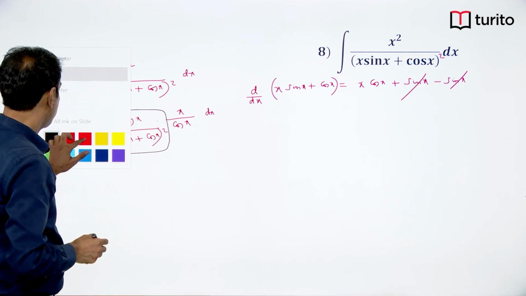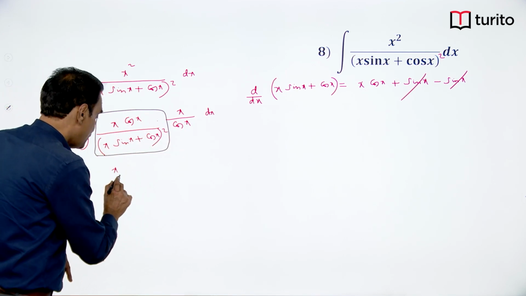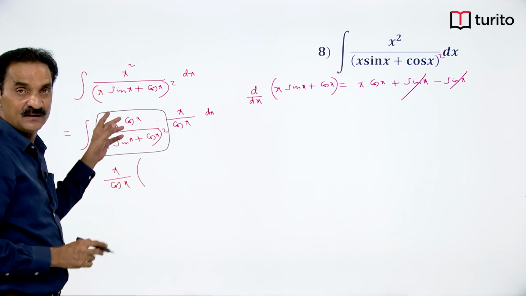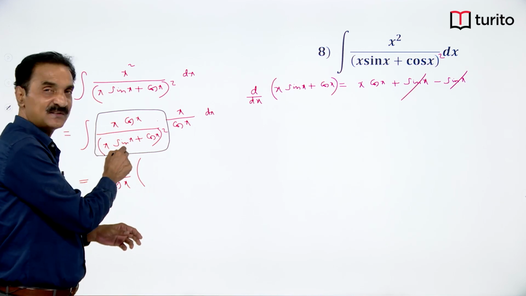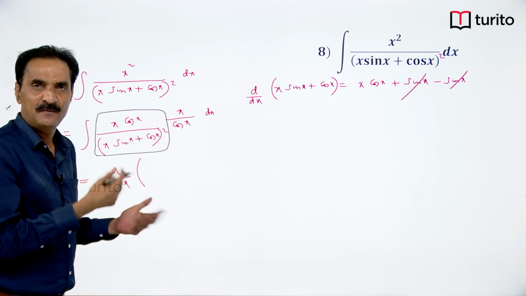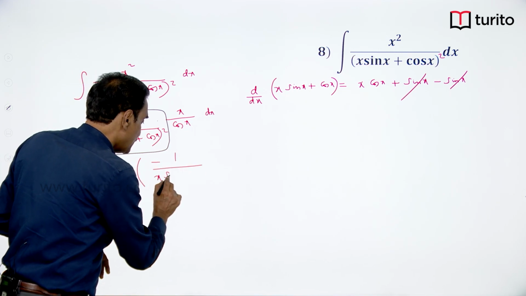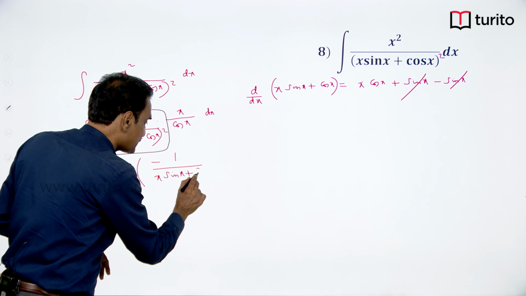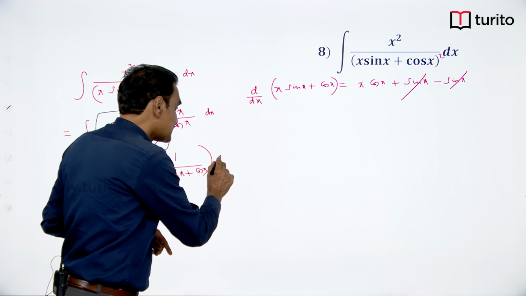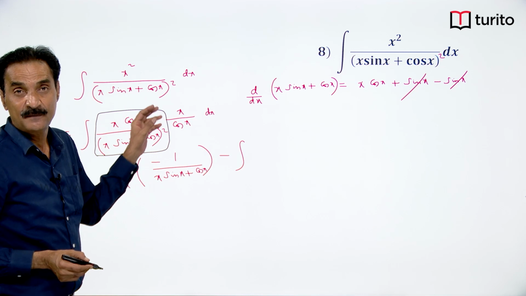So what will you get? First function into integral of the second, x by cos x into integral of the second. If you put x sin x plus cos x is equal to t, numerator will be dt, integral dt by t square is minus 1 by t. I am writing directly minus 1 by x sin x plus cos x, integral of this, minus integral of derivative of the first function. What is the derivative of x by cos x?